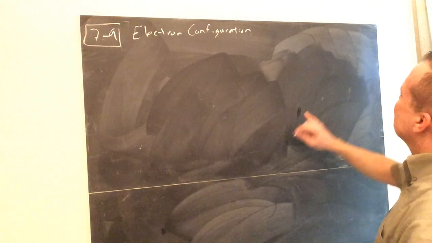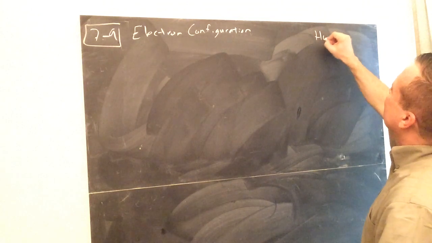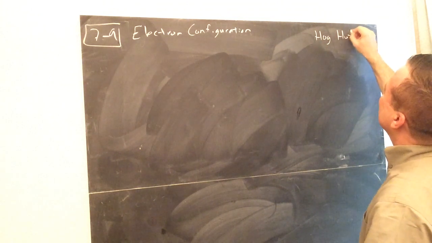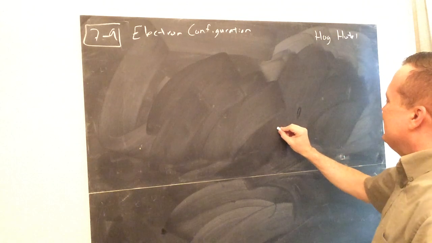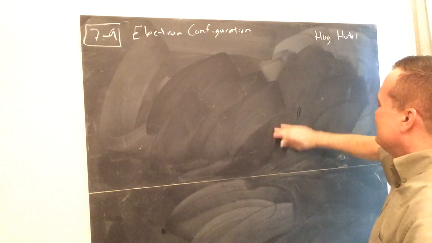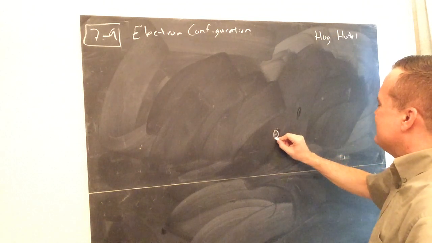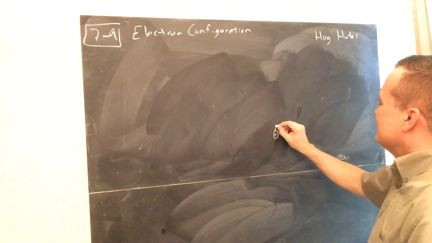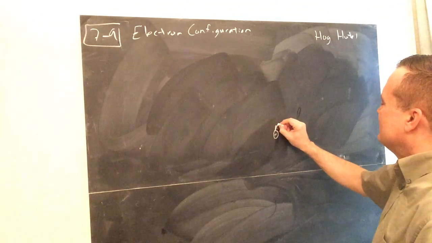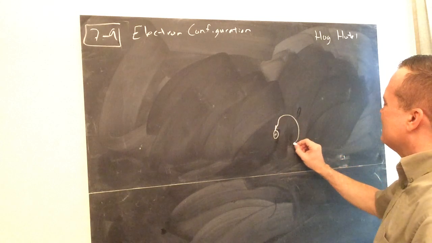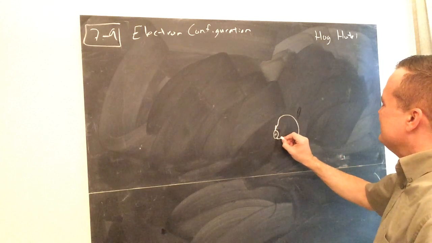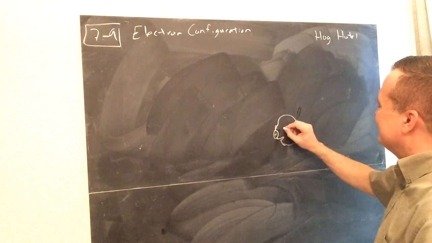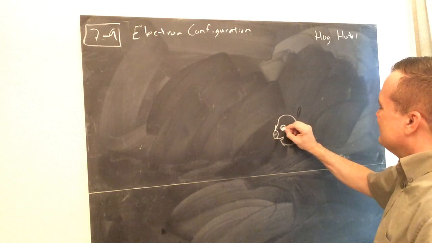So the way that I like to introduce this is what was used before, the Hogg Hotel, or the Hogg Hilton. And I used to be able to draw my little Mr. Hogg guy here. Let's see. He has to have a little hog snout, or whatever we call that. And then we'll put Mr. Hogg.